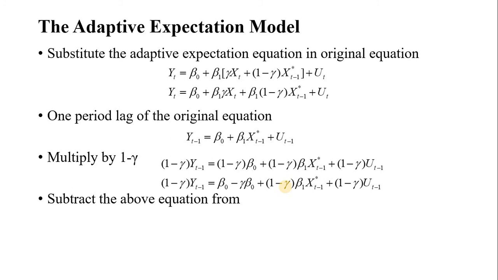Now what you have to do is subtract the above equation from this equation. This is the yt. You subtract 1 minus gamma yt minus 1. What will happen? We will see it.